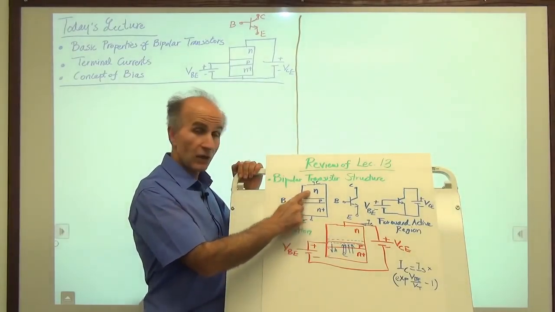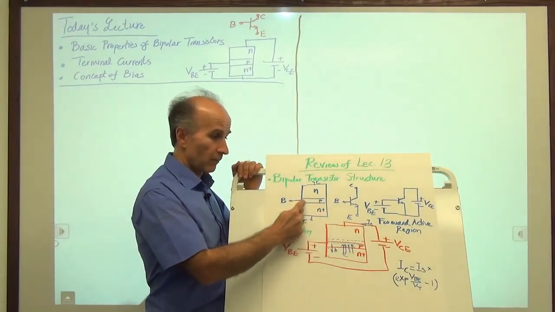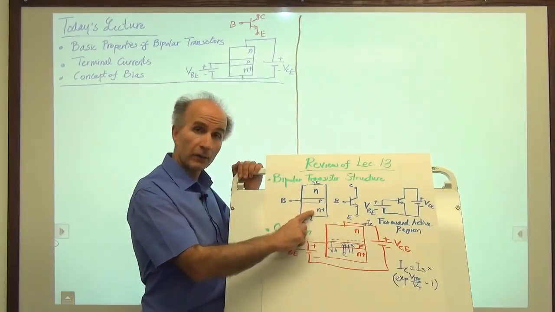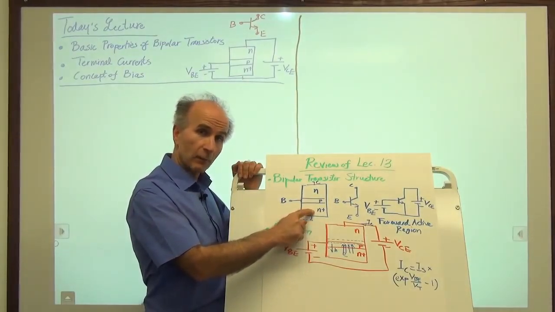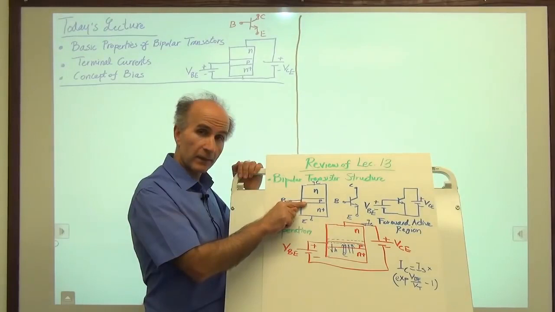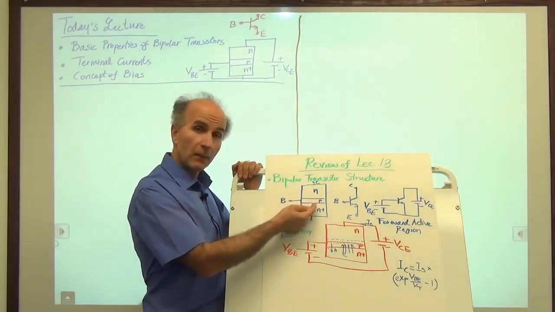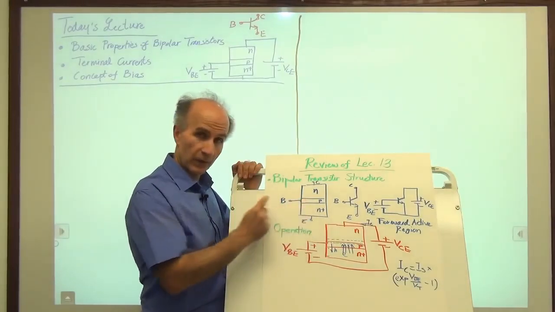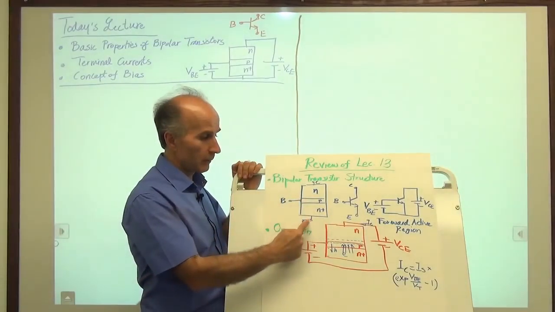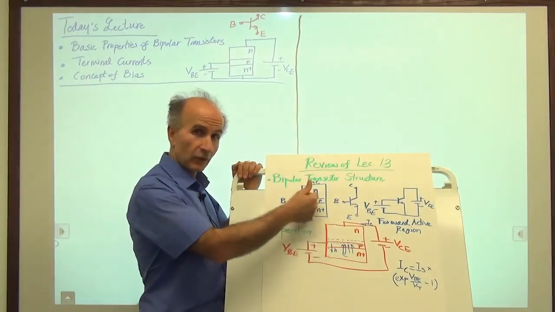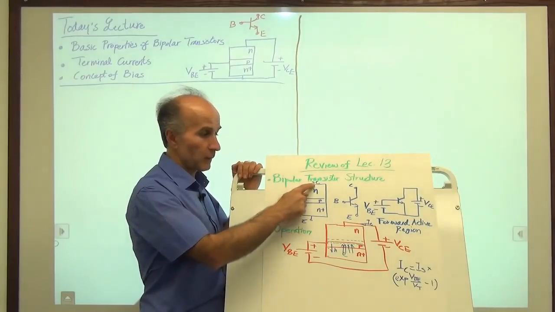The device is not symmetric because, for example, we have made the doping of this section very high so that when this junction is forward biased, electrons prefer to go this way much more than holes prefer to go this way. All right. We call the bottom terminal the emitter. It emits electrons. We call this one the base, and we call this one the collector.